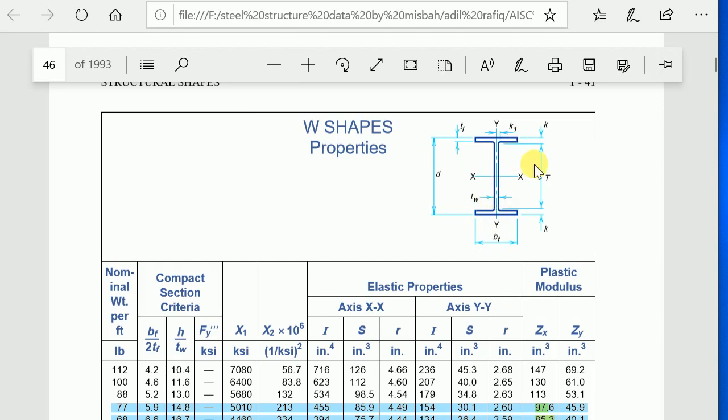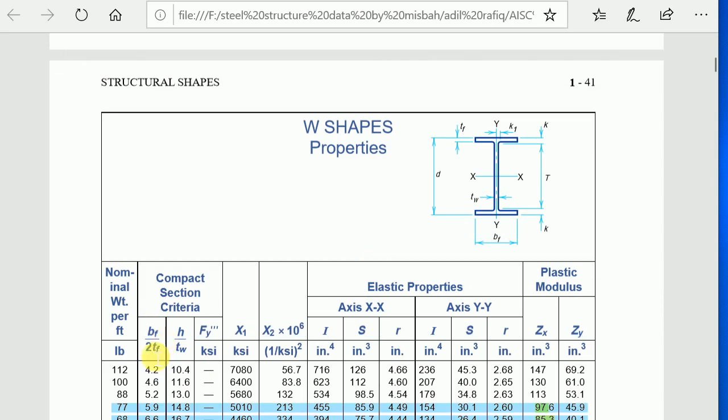The ratio of the flange width to 2 times the thickness of the flange, this one, is called the slenderness ratio for the flange. Similarly, the ratio of the depth of the web to the thickness of the web, that is h divided by tw, is called the slenderness ratio for the web.